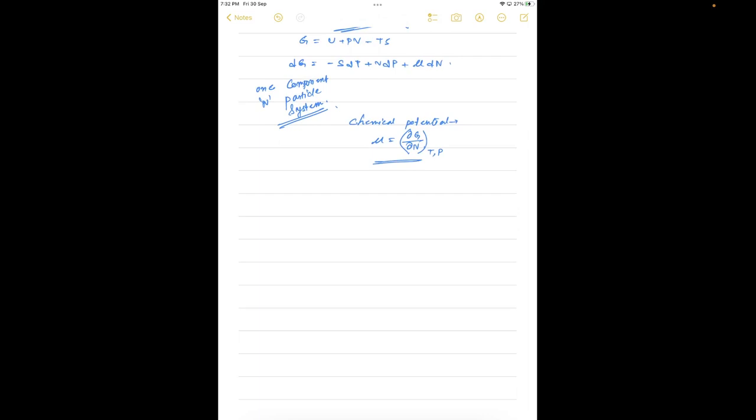Now if you differentiate this expression with N, so del G del N at constant temperature and pressure, this term will be equal to 0, and so mu will be equal to just del G del N at constant temperature and pressure.